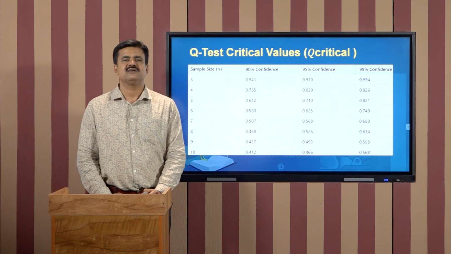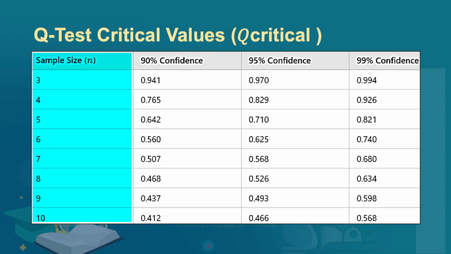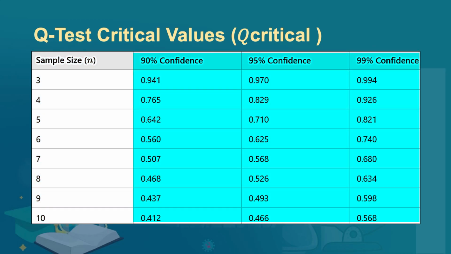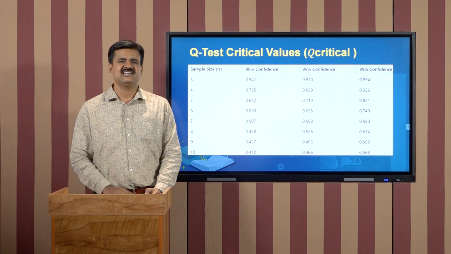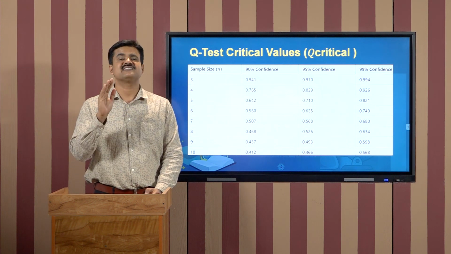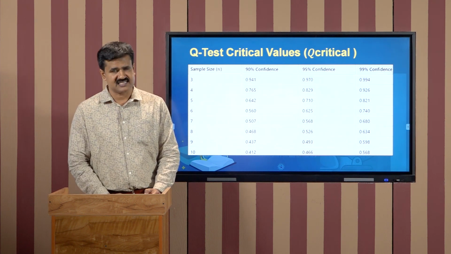You know about confidence limits. Three types of confidence limits are incorporated in this critical value table. The second column represents 90% confidence level. The next column represents 95% and the final column represents 99% confidence limit. In most chemical analysis, we fix the confidence limit as 95%.